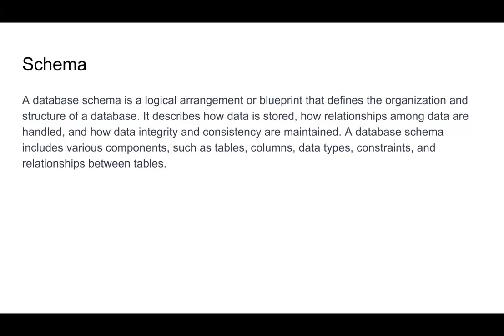So, as it says, it's a blueprint that essentially defines the whole organization and structure of the database. So it's very safe to say that it will definitely hold everything that is needed for the database itself. For example, the tables, the columns, the data types, the constraints, and all the relationships between the tables.